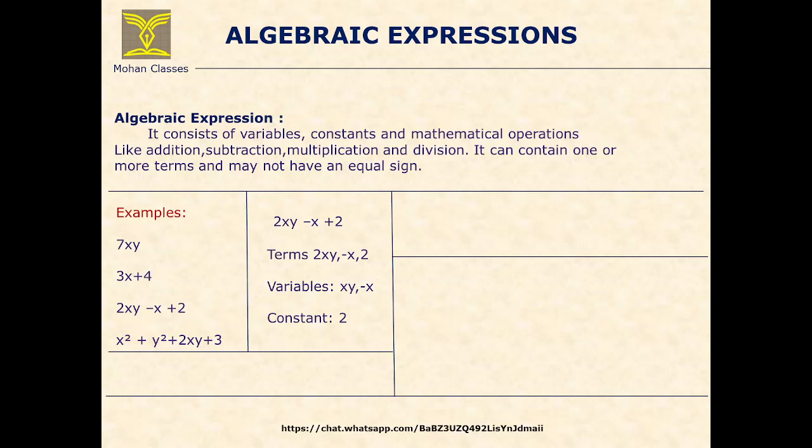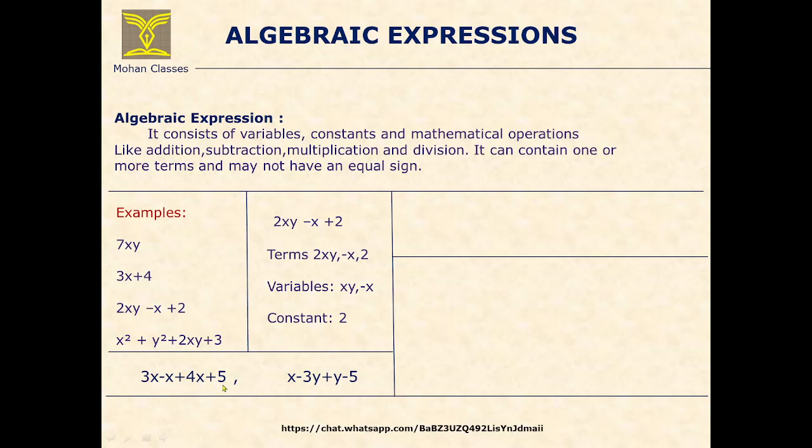Now what are called like terms? In an algebraic expression we may have some like terms, where the same variable appears with different operations, plus, minus and so on. See the example 3x minus x plus 4x plus 5. Here 3x, minus x and 4x are the same kind of terms. 3x minus x comes as 2x, and 2x plus 4x comes as 6x.